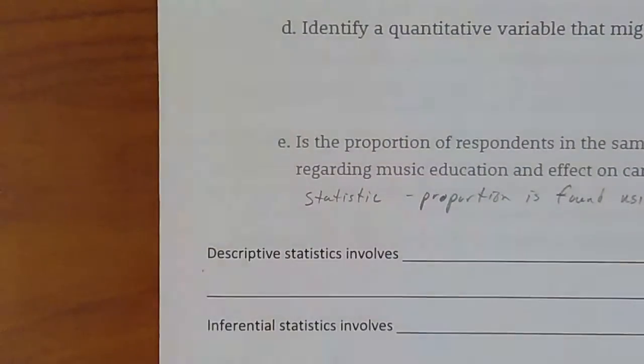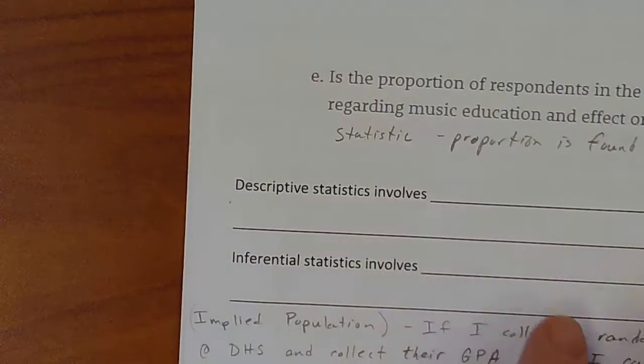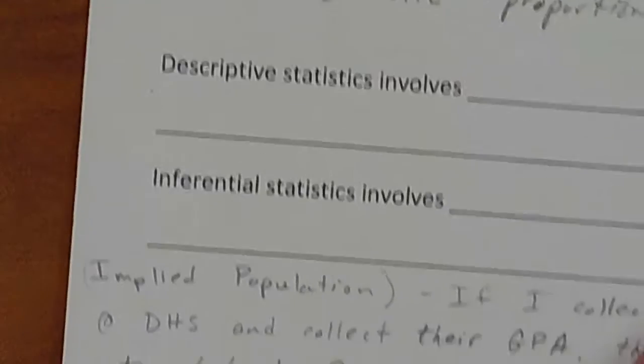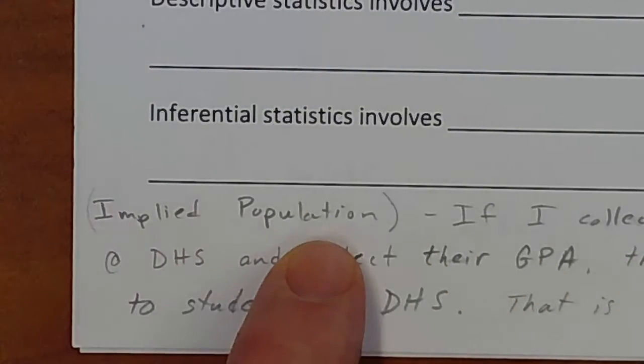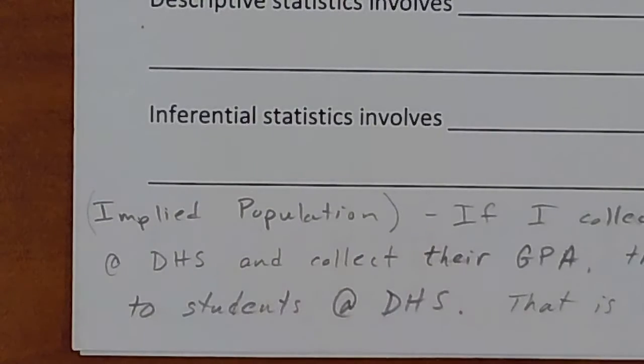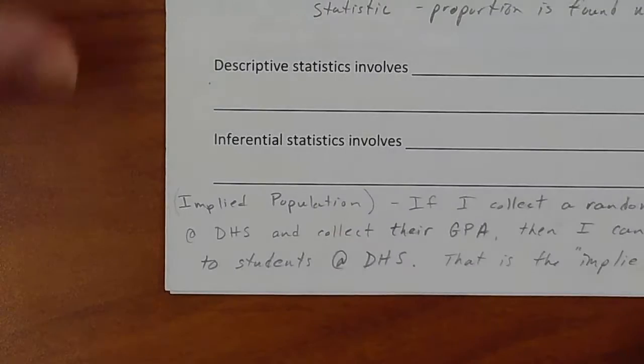All right, so I want you to write this down at the bottom. I think we have a little more room to do this. Let's write implied population. So you're used to this phrase, implied population, and I just didn't define it. I gave a little example here.